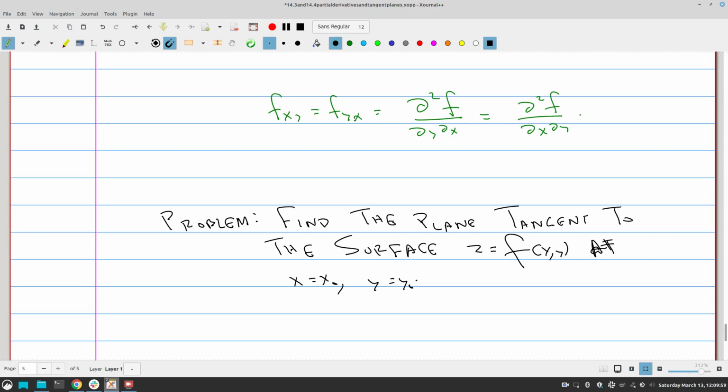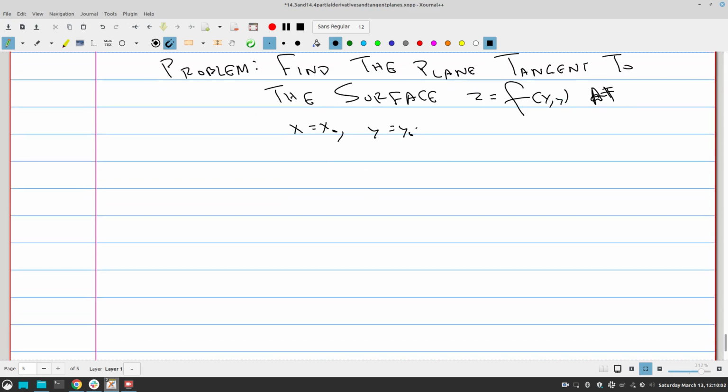Now, let's say you have this surface. I'm not going to draw my axes, I'm just going to draw the surface. And then this is the point x naught, y naught. Remember we had two curves, C1 and C2, going through the point in question, x naught, y naught.